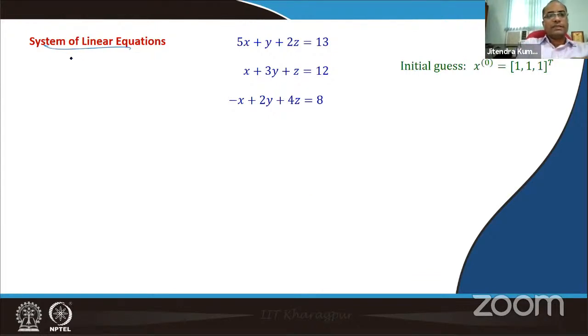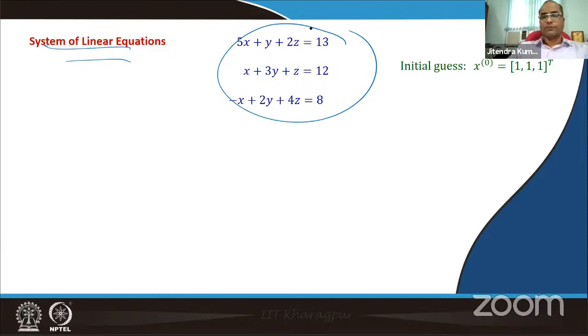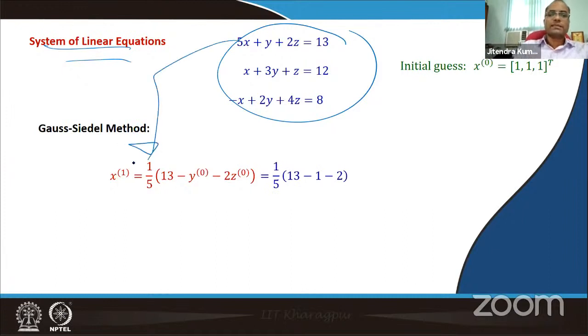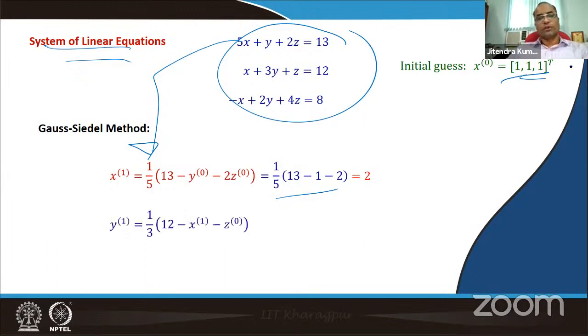For the system of linear equations, if you want to use the Gauss-Seidel method, the only difference is this: when you compute x from the first equation, there is no difference. You have to use the initial values, and the value will be 2. That was also the case for the Jacobi method.